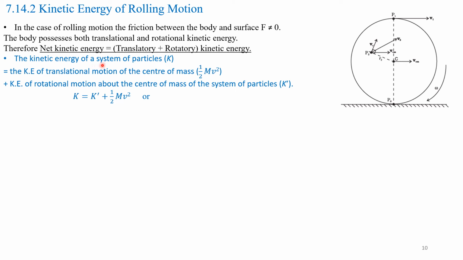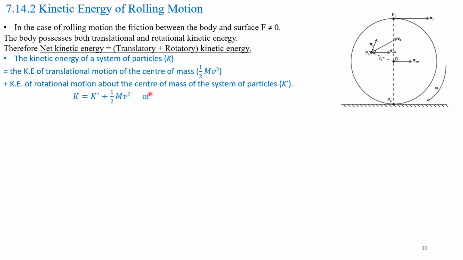The kinetic energy of the system of particles is equal to the kinetic energy of the translational motion of the center of mass. This is the center of mass, and its kinetic energy is given by half mv square, plus the kinetic energy of the rotational motion.